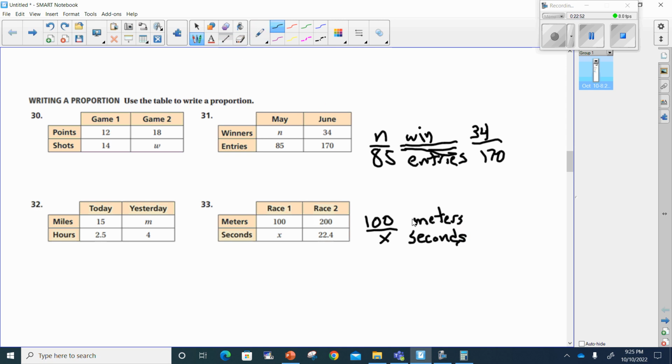I'm just going to use the straight lines here. This has to equal 200 over 22.4.